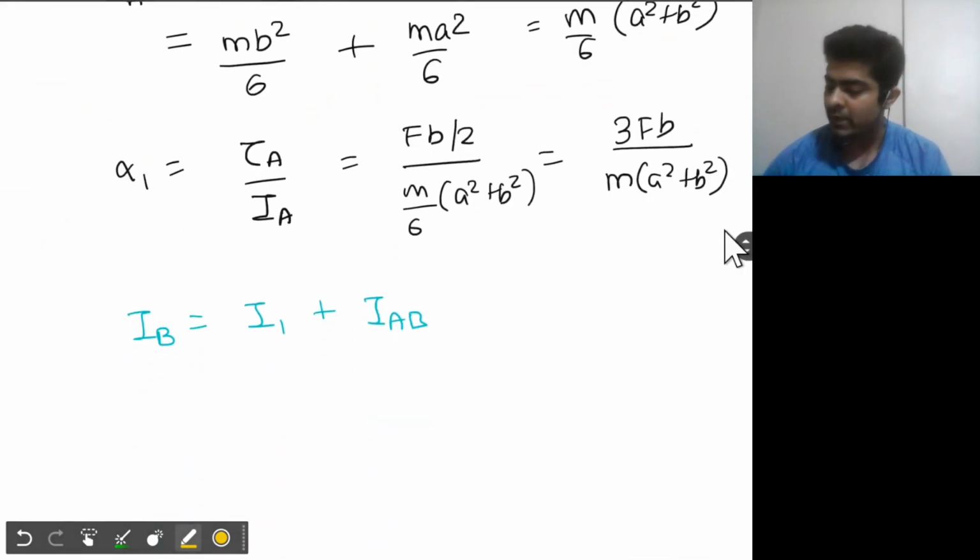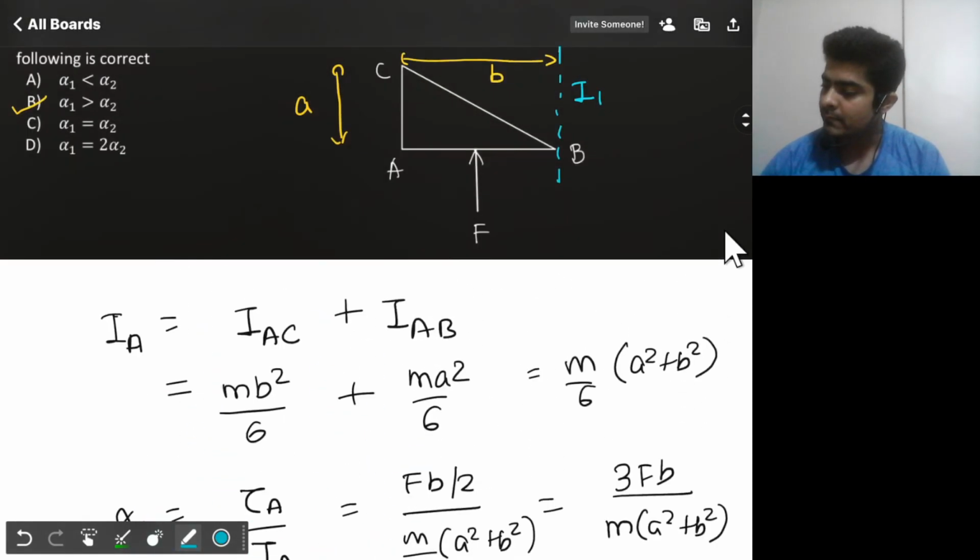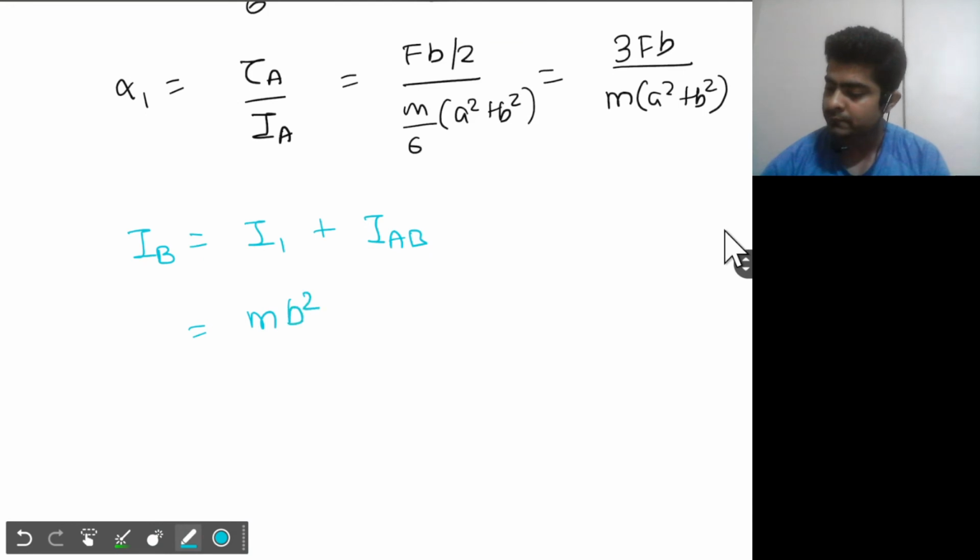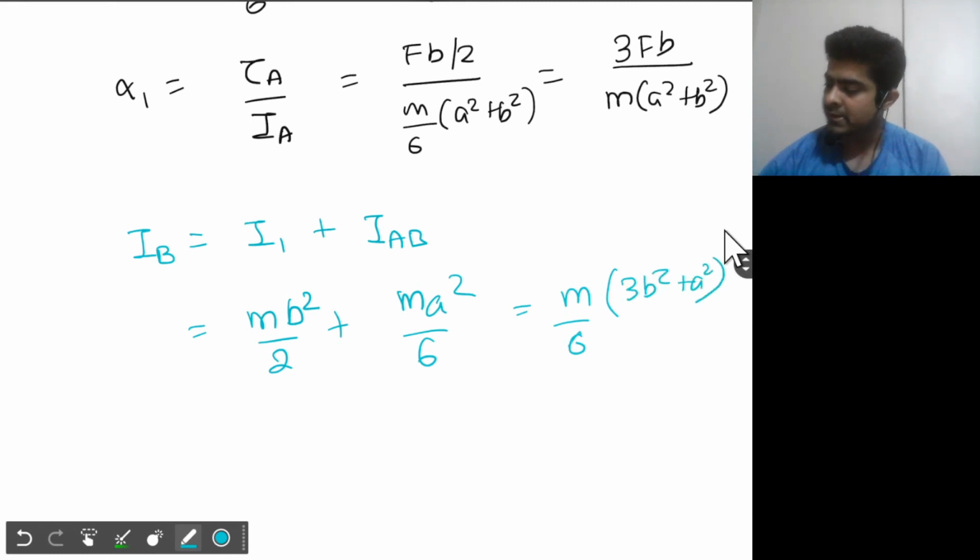So I1 will be how much? I1 will be equal to M B square by 2 and IAB will be M A square by 6. Okay, so this is equal to M by 6 (3B square plus A square). Then alpha 2 will be torque about B divided by IB.